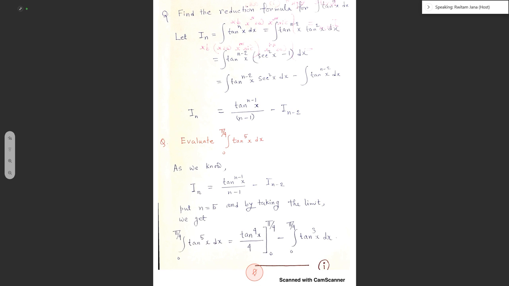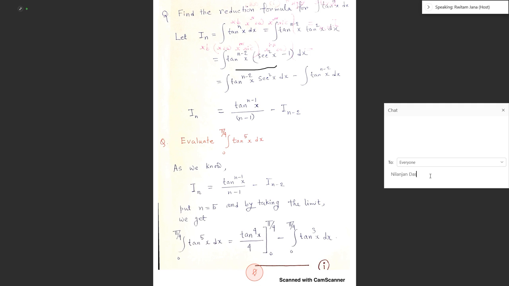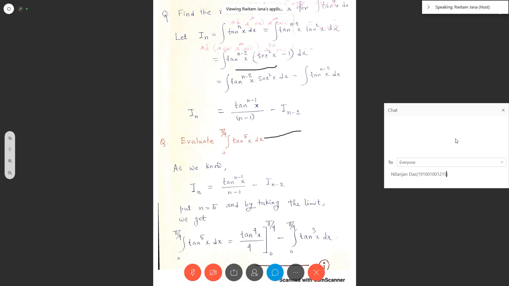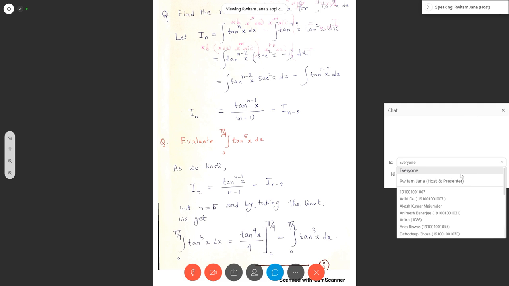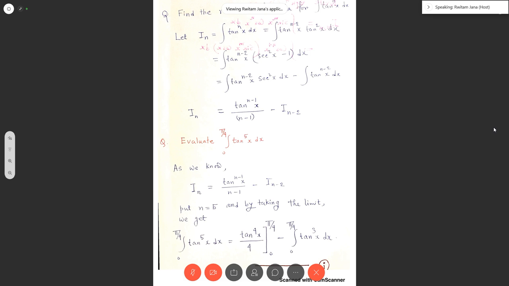I have taken I n as integration tan to the power n x dx, and now multiplying it, you will get tan to the power n minus 2 x into sec square x dx minus tan to the power n minus 2 x dx.